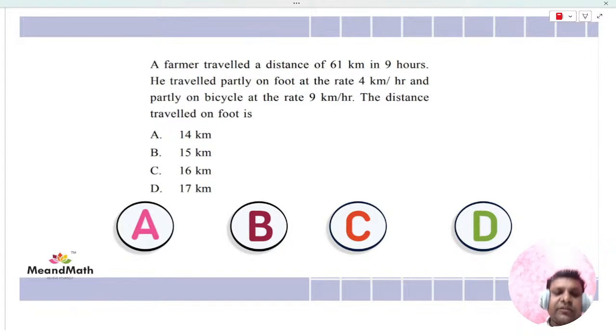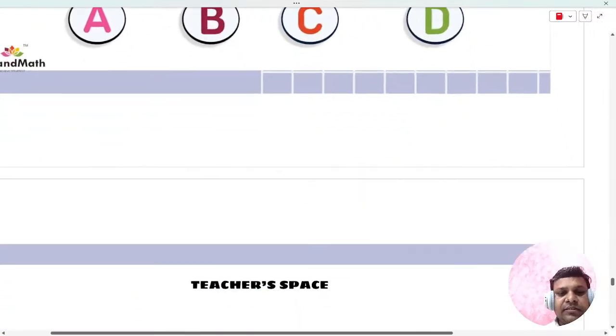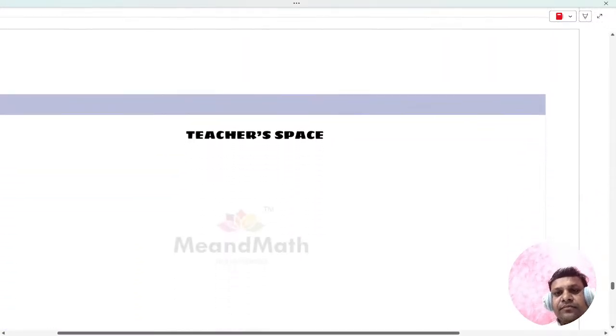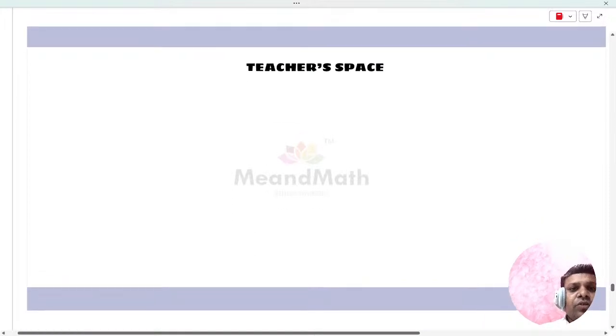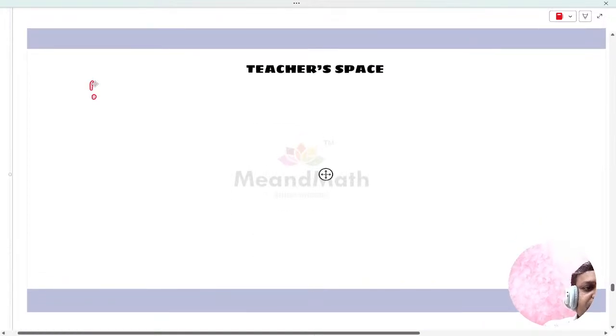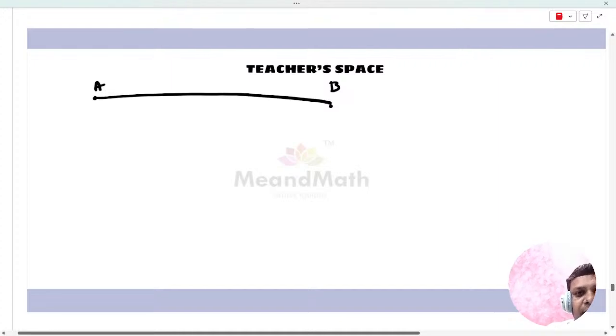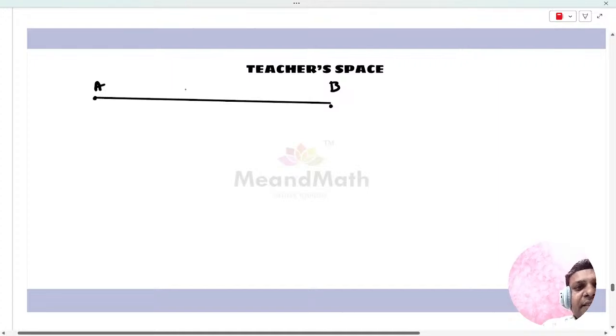Let's solve the question. Look here. Total distance is from A to B. The distance is 61 kilometers.